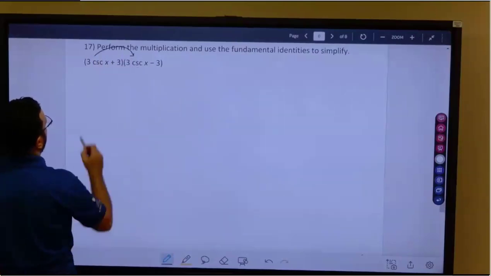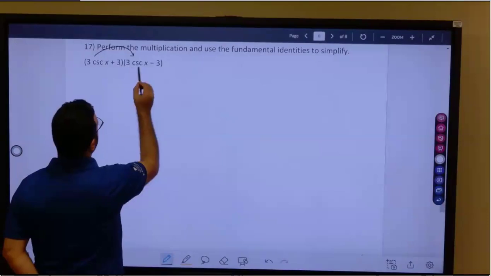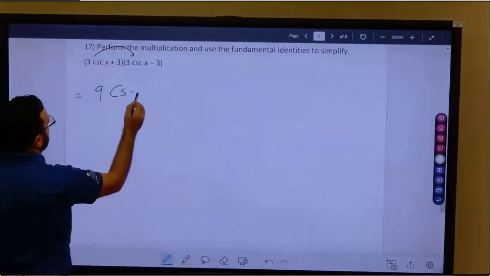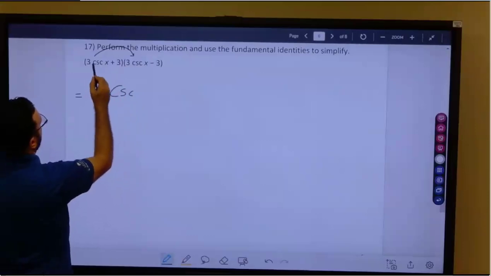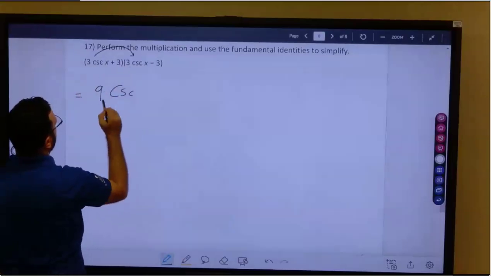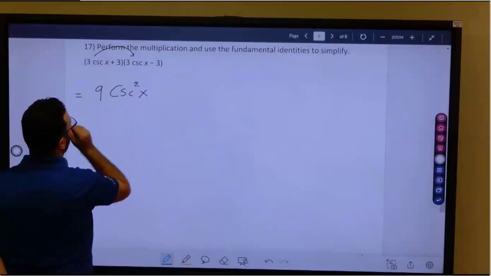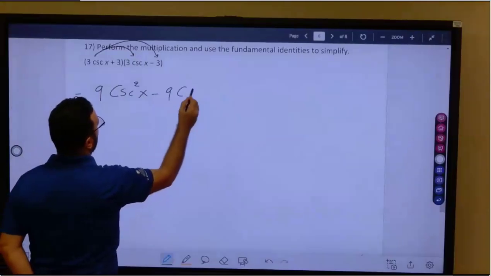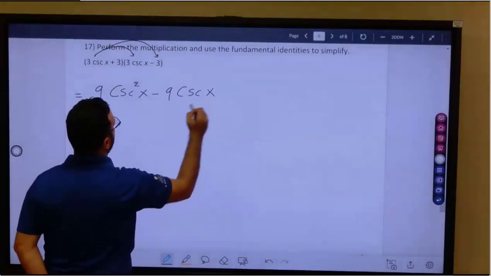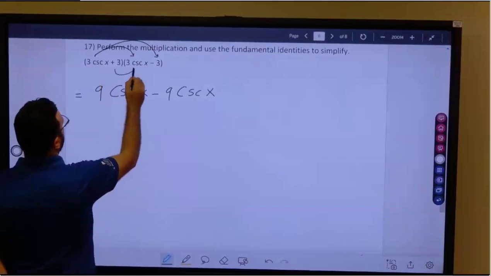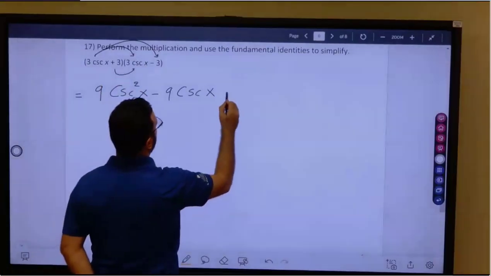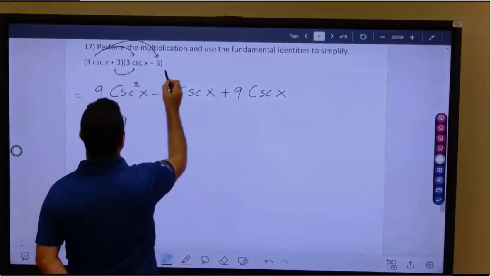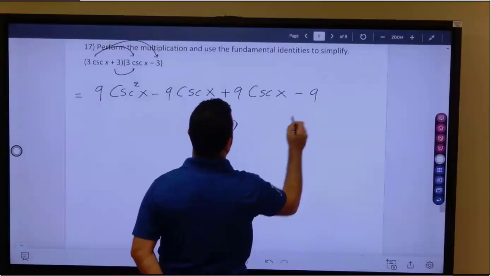The first thing, 3 cosecant x times 3 cosecant x is going to be 9 cosecant squared x. 3 cosecant x times 3 is going to be minus 9 cosecant x. Now 3 times 3 cosecant x will be plus 9 cosecant x. 3 times 3 will be minus 9.